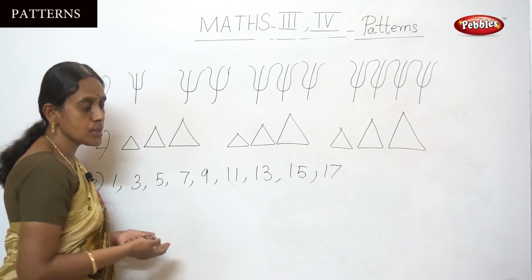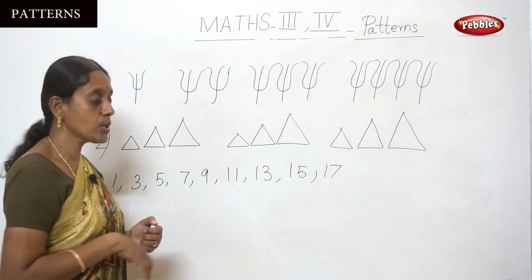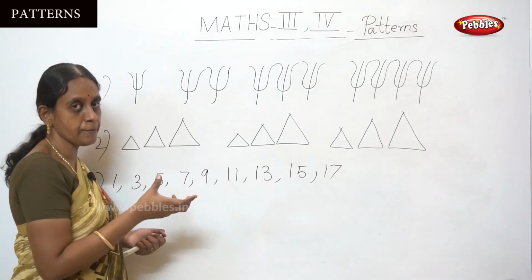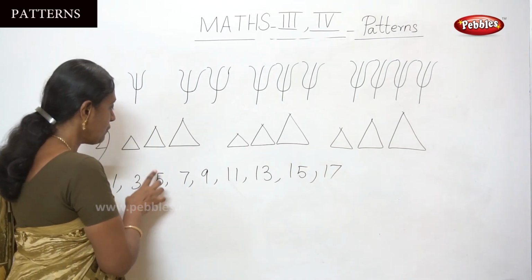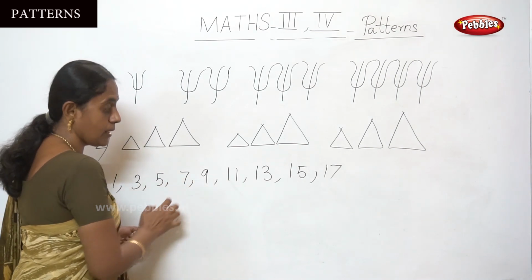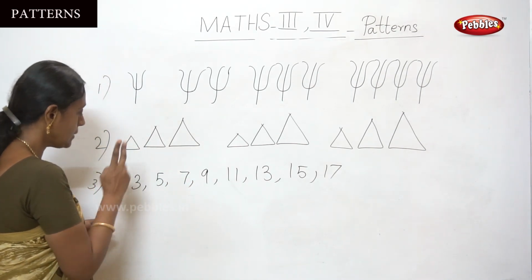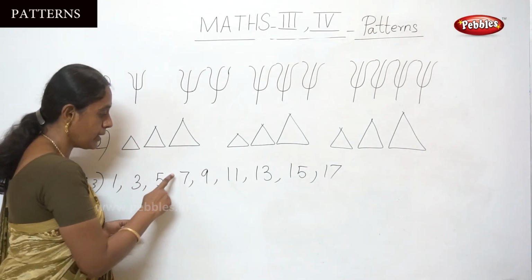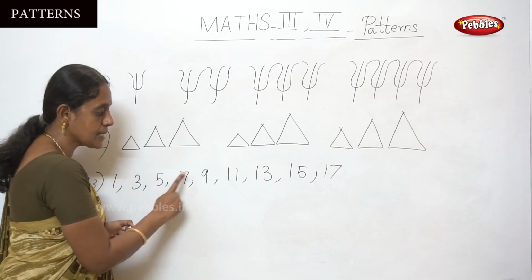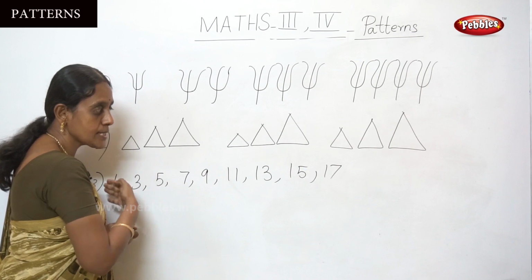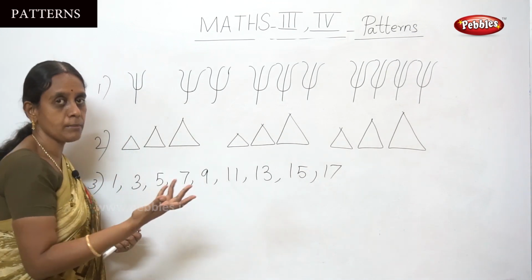All these numbers are odd numbers, because the difference between each number is 2: 3 minus 1, 5 minus 3. Between them, the missing number is 4, here the missing number is 6, here 8, and here 10. So it's a repetition of odd numbers.